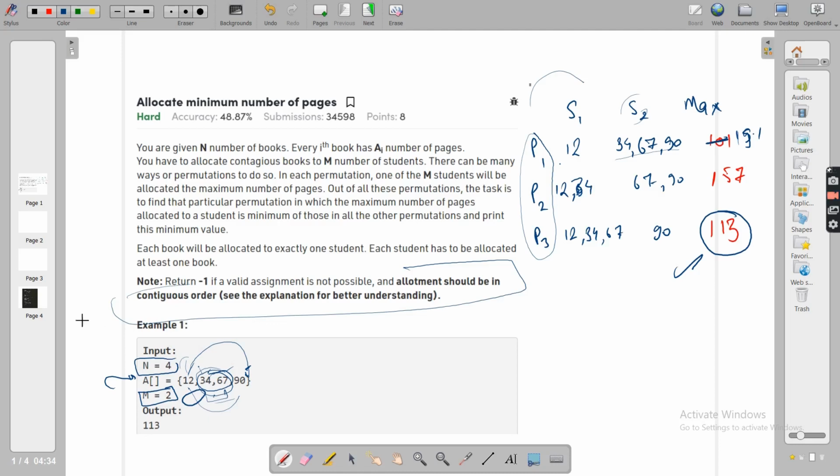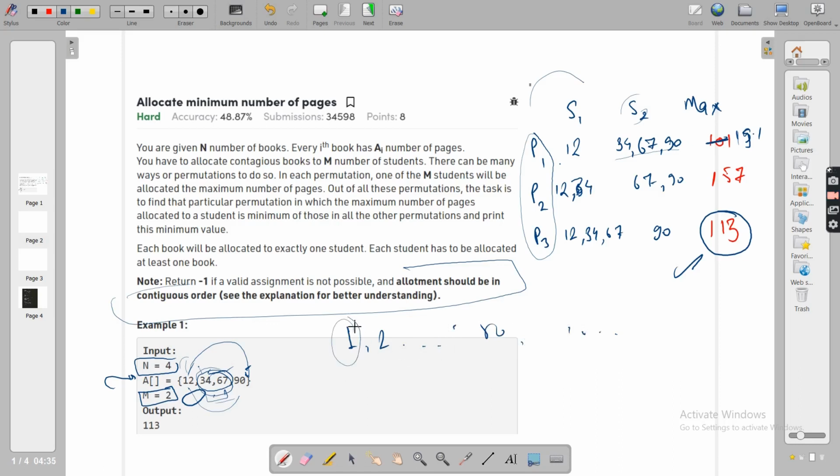So let's see what you can do with this particular problem. First of all, even before starting, the brute force solution: we can start with allocating pages in linear fashion, 1, 2, then 50, then 100, as this number line depicts.